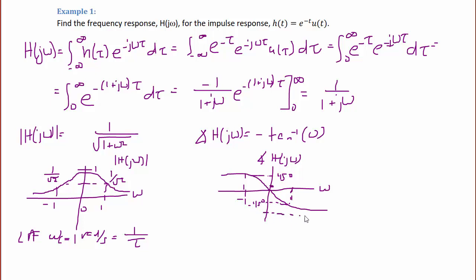The asymptote as omega goes towards positive infinity is approaching negative 90 degrees, and for negative infinity, this curve is approaching positive 90 degrees. So this is the general shape for the magnitude and phase for a low-pass filter, and also for a system that demonstrates Hermitian symmetry.